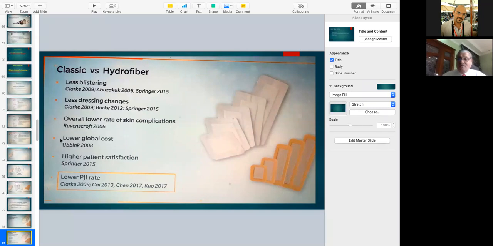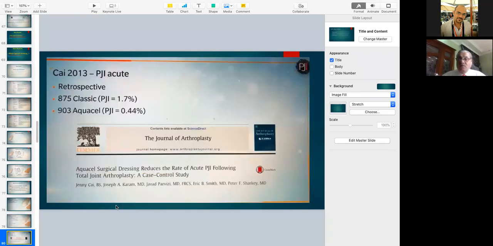Of course, its cost is higher than the classic, and there is high patient satisfaction, and of course a low PJI rate.